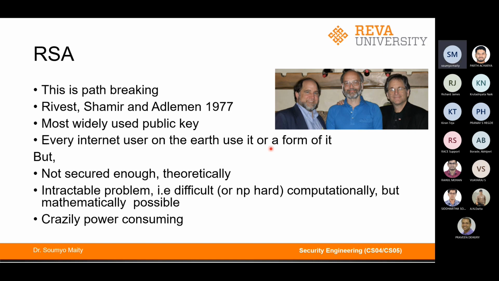The beauty is that you can encrypt with one and decrypt with the other. You cannot use the same key for encryption and decryption. You need the other key to decrypt. Any one of those keys you can use for encrypting, and the other one will be used for decrypting. They published this algorithm in 1977.